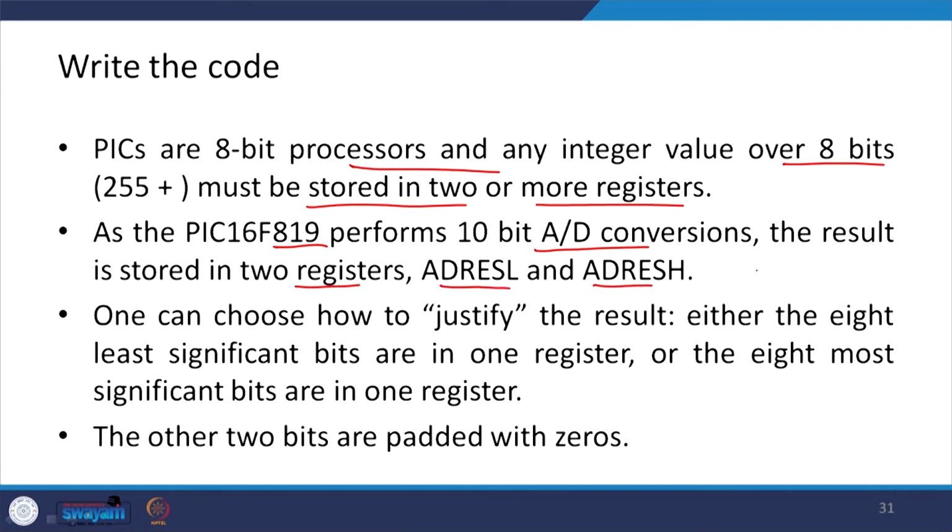One can choose how to justify the results, either the 8 least significant bits are in one register or the 8 most significant bits are in one register. The other 2 bits are padded with zeros.